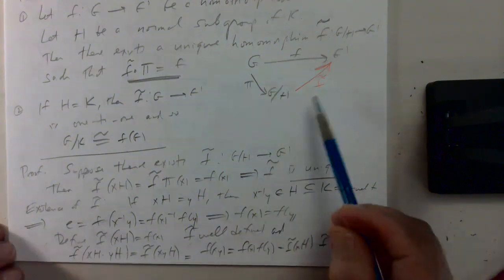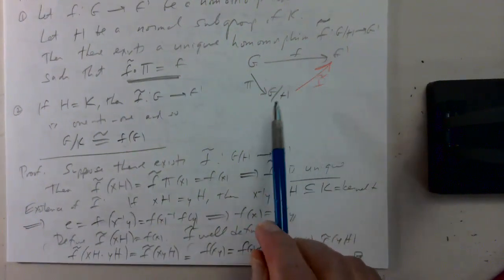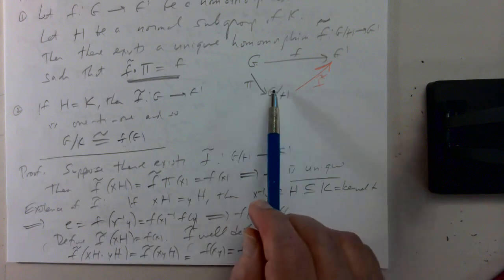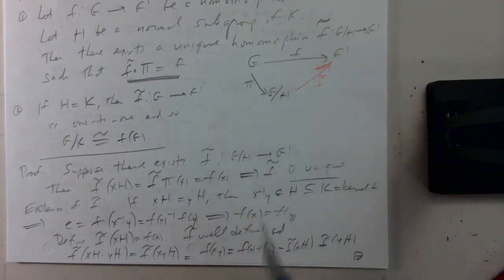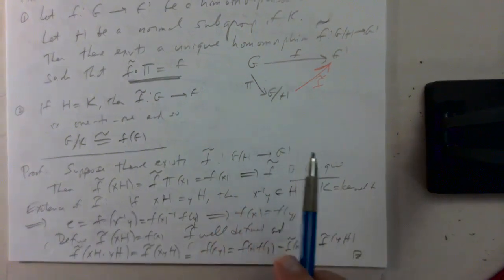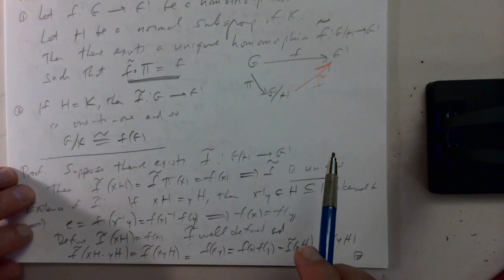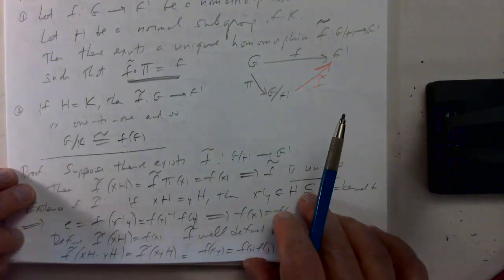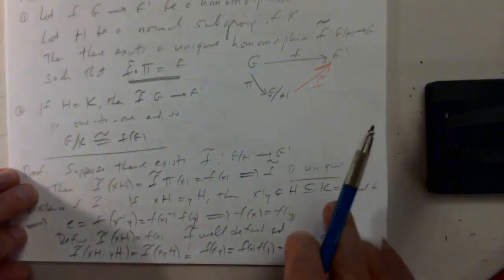So f tilde is a homomorphism, that's what we needed, and f tilde composed with pi is f. So this proves the existence of a unique function f tilde.